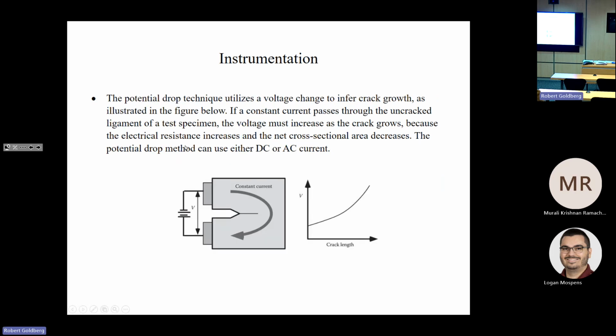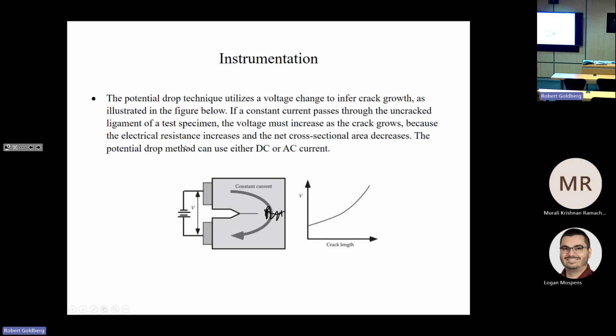And the potential drop technique utilizes a voltage change to infer crack growth, as shown here. So if you pass the current through the uncracked part of the specimen, the voltage increases as the crack grows, because as the crack grows, this area will get smaller, which means that the resistance will get bigger and the net cross-sectional area will decrease.